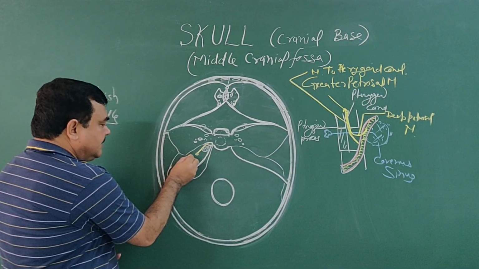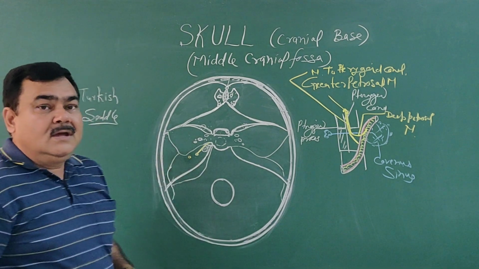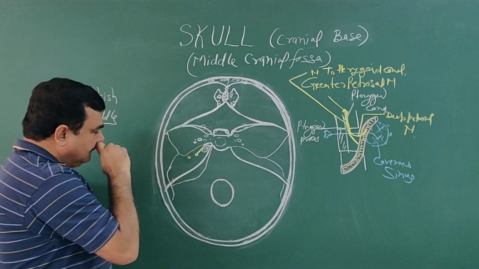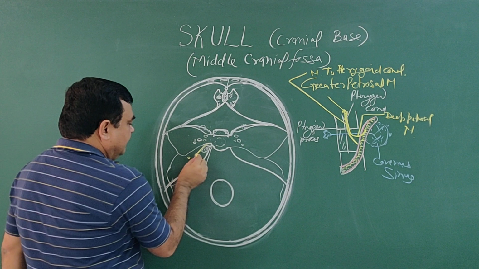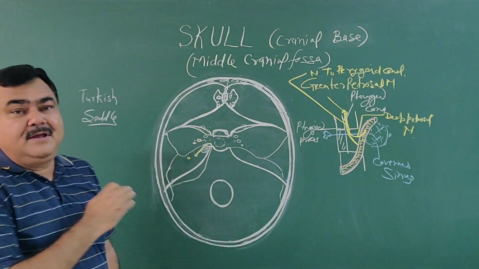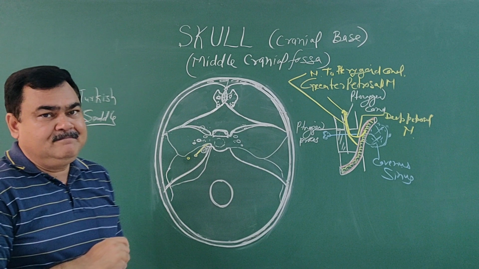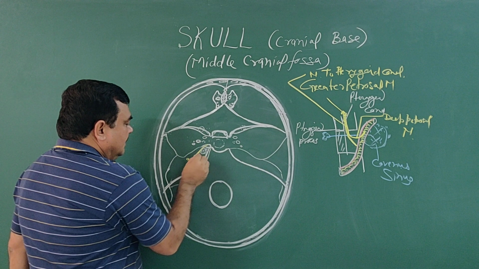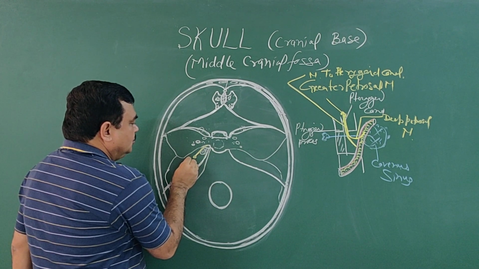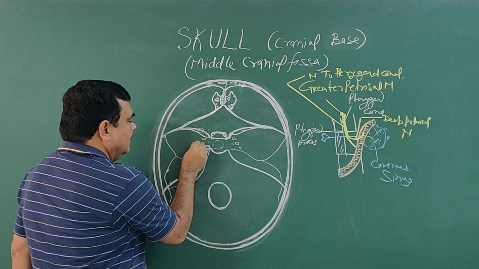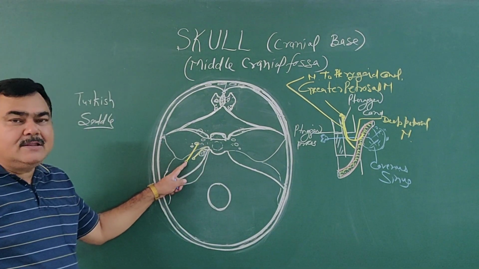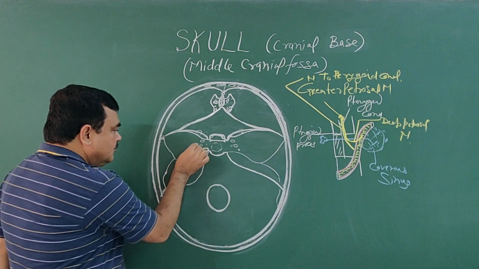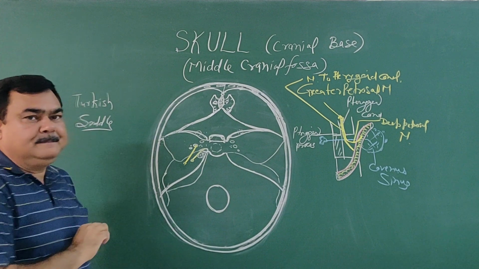Lateral to this there is another opening. This is the hiatus and groove for the lesser petrosal nerve. The lesser petrosal nerve arises from the tympanic plexus and carries fibers from the ninth cranial nerve. From here it goes towards the foramen ovale.